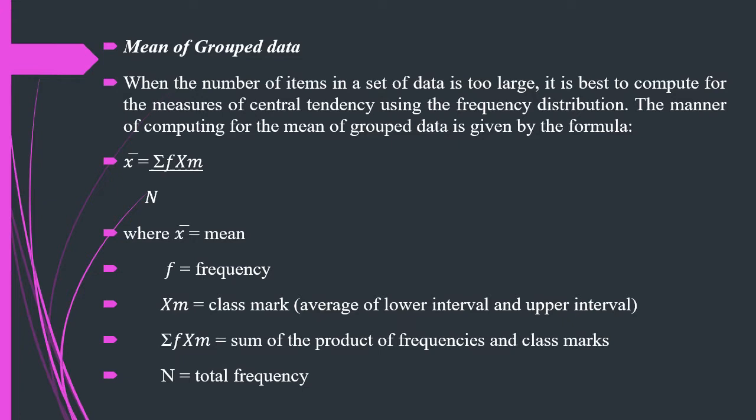Mean of group data. When the number of items in a set of data is too large, it is best to compute the measure of central tendency using the frequency distribution table.